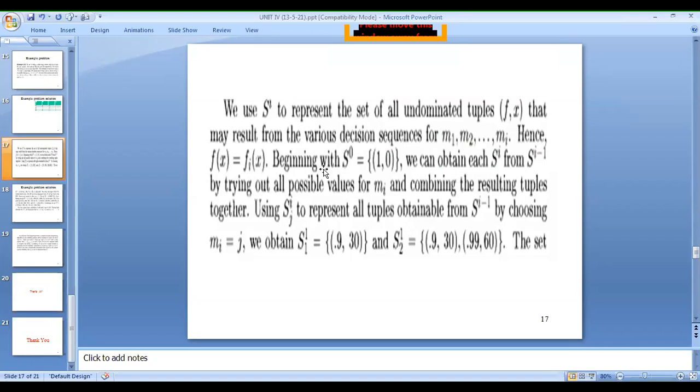So here we are taking S power 0, that indicates (1, 0). 1 is the initial probability consideration, since we need to multiply with it. 0 indicates nothing spent. We have not spent any amount in purchasing the devices. That is why we are taking 0. So S power 0 is (1, 0).